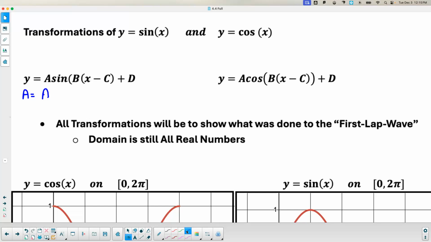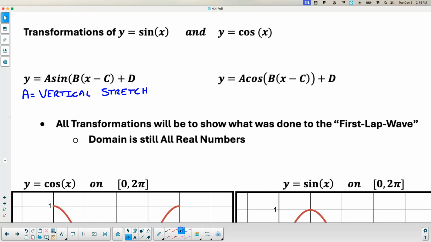That is going to be our amplitude, and that is going to be our vertical stretch. It's going to stretch it out, or it's going to compact it down. That's what that A value is going to do.